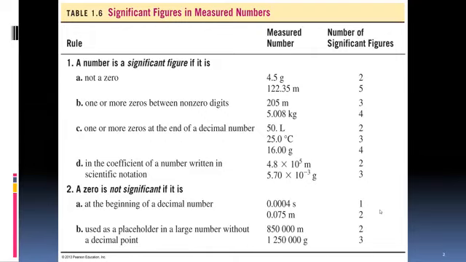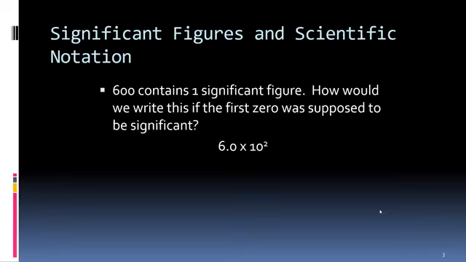Finally, if you're looking at a number written in scientific notation, all of the digits in the coefficient, otherwise known as the number that precedes the power of 10, are significant. The last rule bears some further discussion.